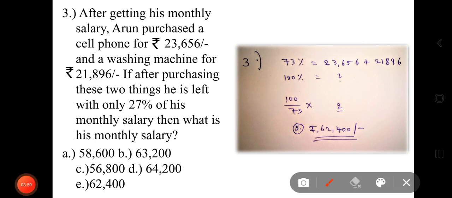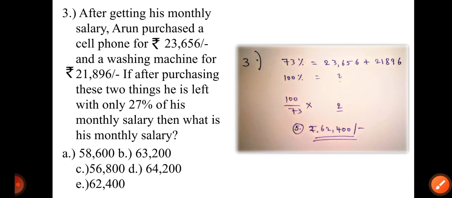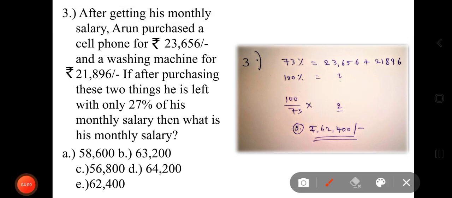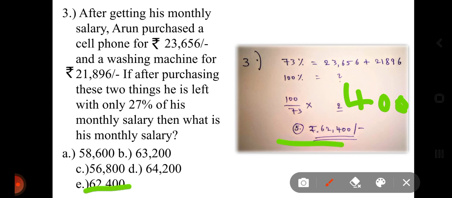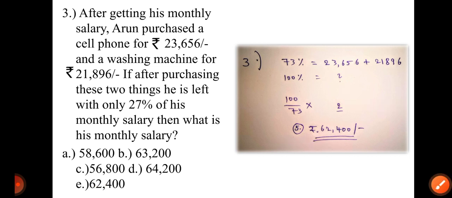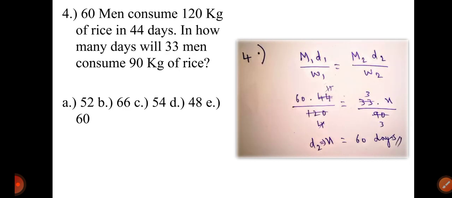With which number if we multiply 3, we get 2? That is 3 4s are 12. So beside the 4 there should be 2 zeros. That means 400 should be our last digits. There is only one option ending with 400, that is 62,400. Option E is the right answer. Hope you understood. Let's move to the fourth question.